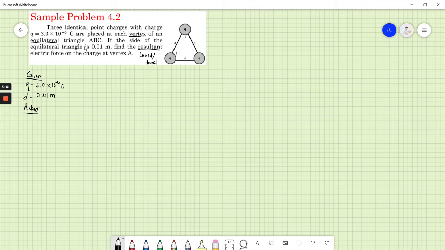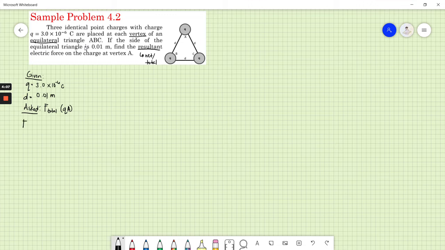We're looking at the total force that the charge at vertex A, our QA, experiences. So what does QA experience because of QB and QC? So we are looking for F total, the F total that QA experiences. That's what's being asked of us.